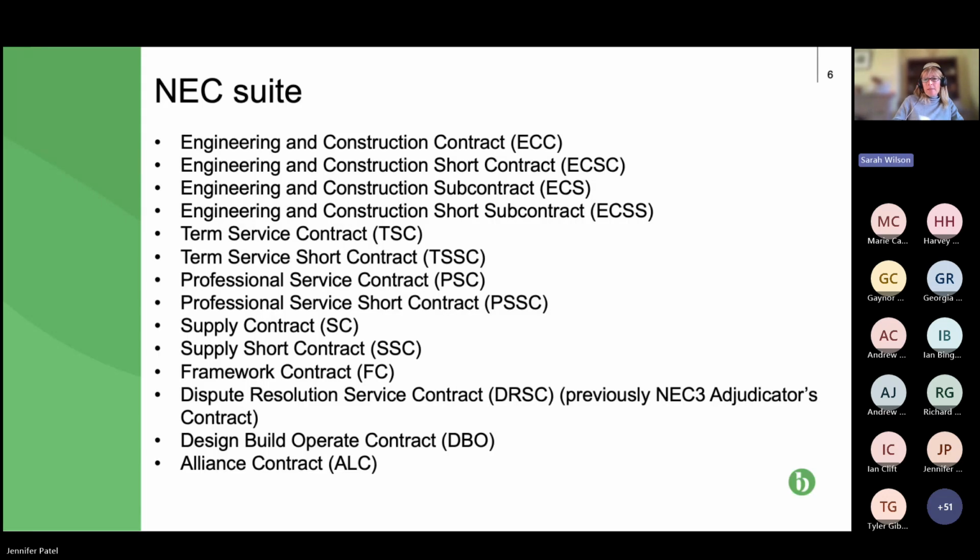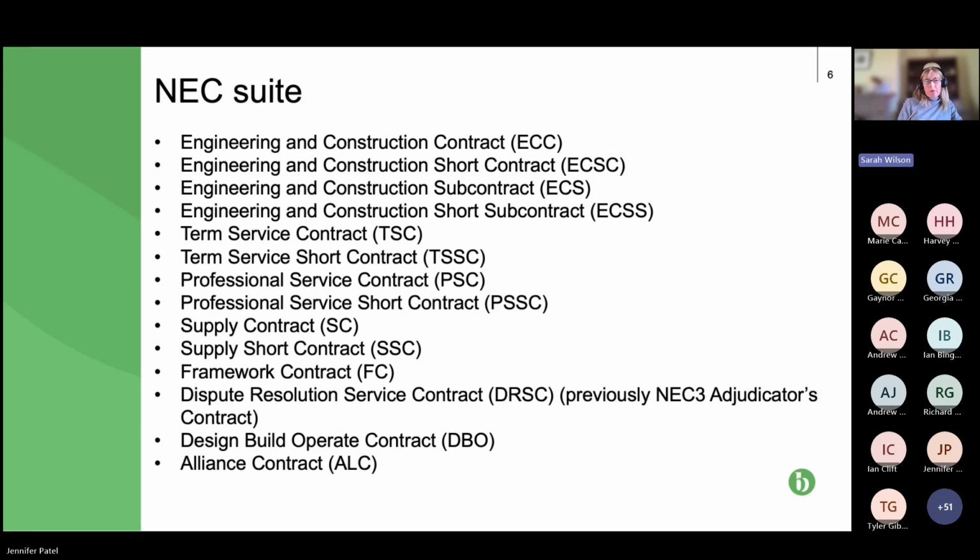Okay, so again, this slide should be familiar because we had it back in September. It's a pretty dense slide, but if you divide it into sections of 4 bullet points, it becomes much more manageable, and it just sets out all the different contracts in the NEC suite.